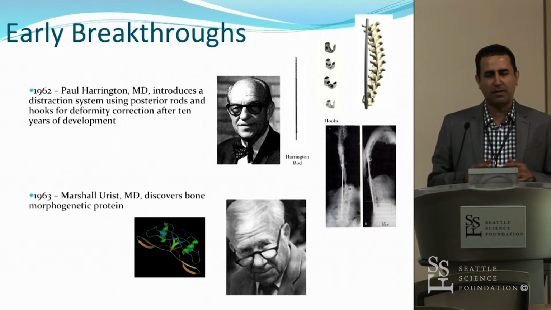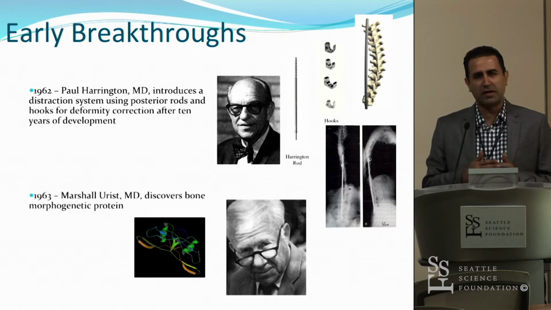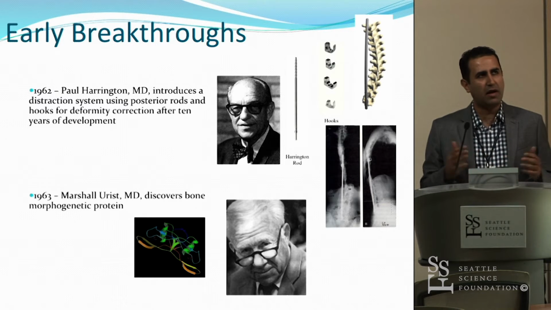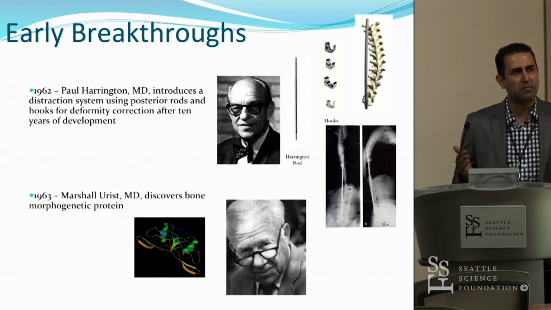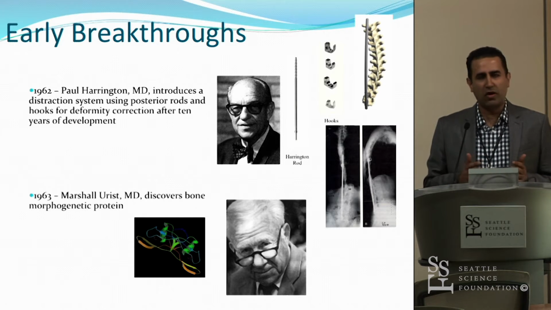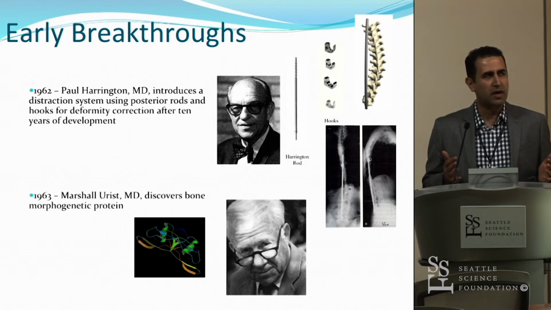And in doing that, particularly in adolescence, he was able to correct a lot of these deformities that otherwise had been treated only through bracing or nothing. The problem was that it didn't address sagittal deformity, of course. But nonetheless, it was revolutionary at the time.